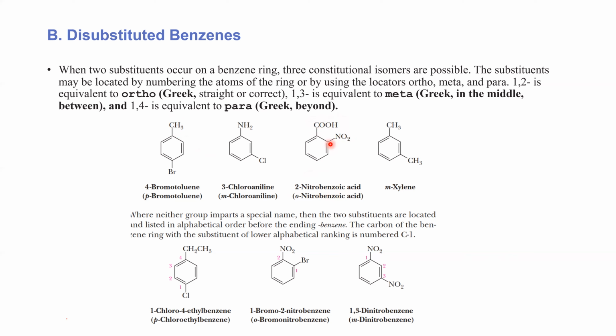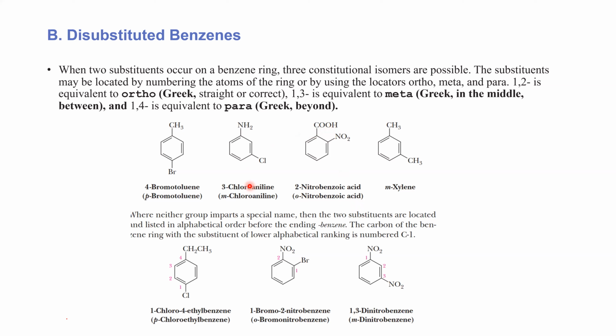And if there is a nitro on the second position, this is 2-nitrobenzoic acid, or you can write ortho-nitrobenzoic acid. Ortho, meta, and para are also IUPAC accepted retained names for aromatic compounds. But if you are asked to write the IUPAC name, you will prefer to write the positions, unless it has been asked that you should go for the ortho, meta, or para equivalent naming.